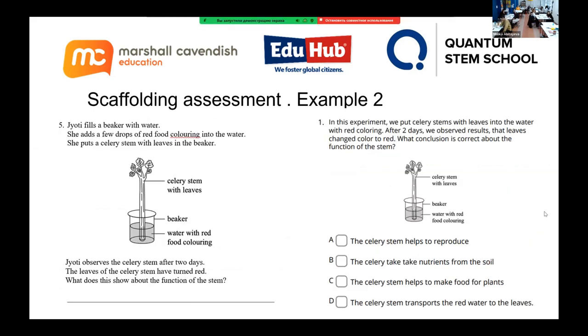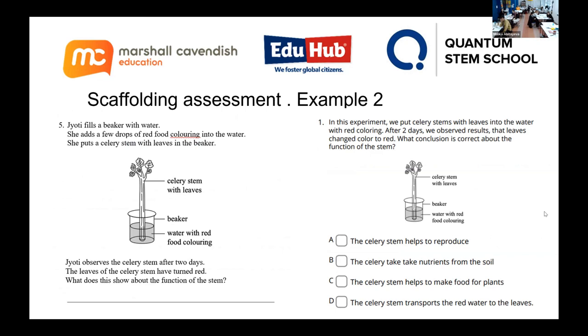Next example is an open question. The celery stem with leaves, a beaker with water with red color. Thanks to Dina, you already know what this experiment is about. So this experiment is described, and the question is, what does this show about the function of the stem?